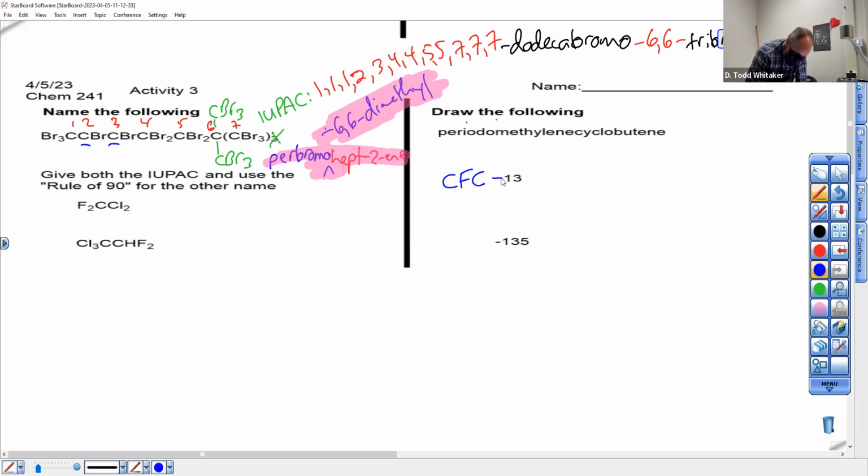What does CFC stand for? Chlorofluorocarbon, which in this case is a freon. This one, CFC.